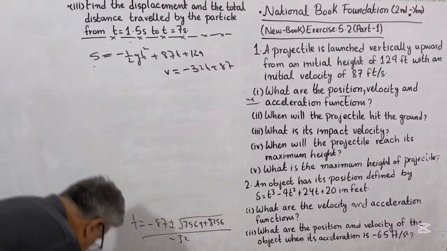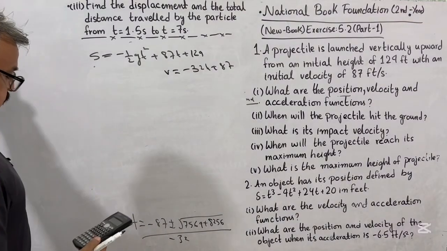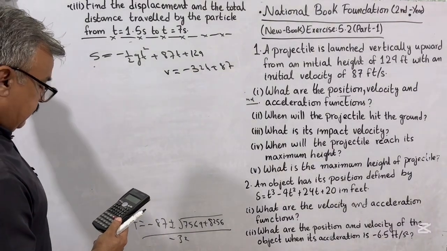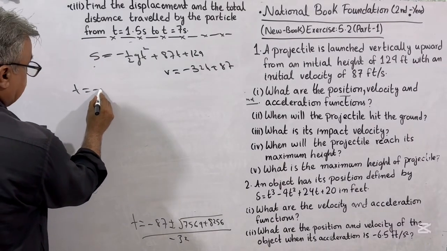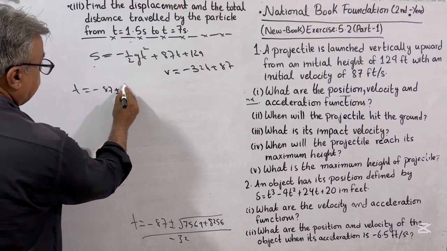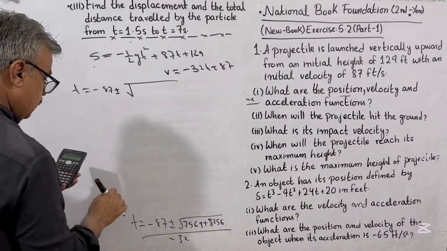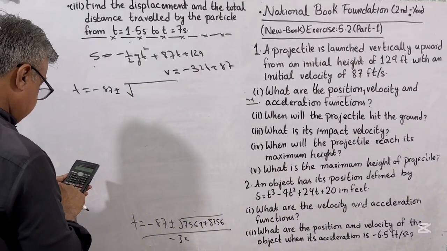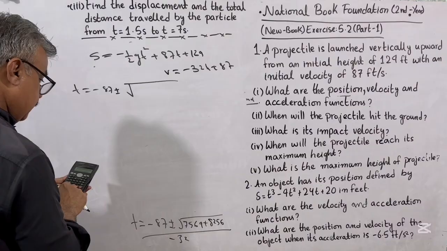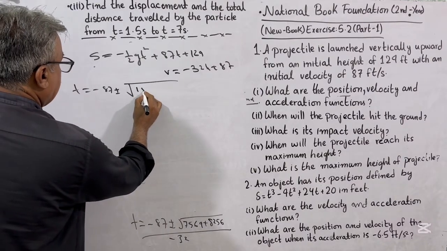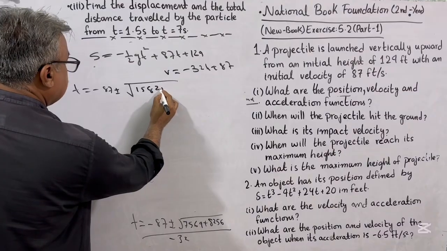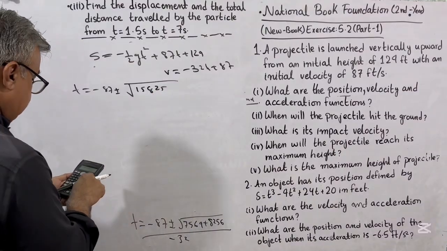So t is negative 87 plus or minus the square root of 7569 plus 8256.